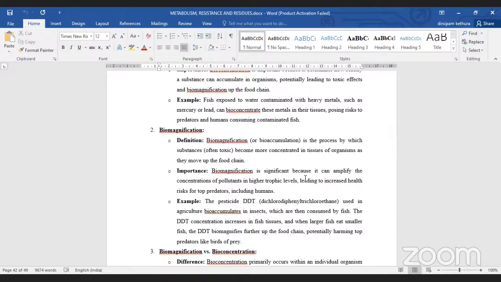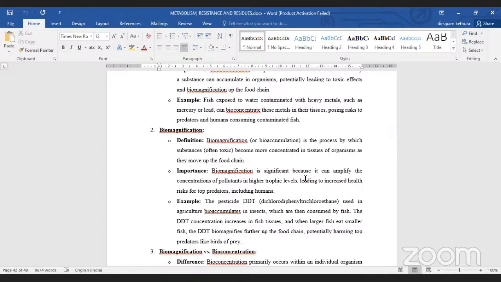And the sequestration results in the organism having a higher concentration of the substance than the concentration in the organism's surrounding environment. And the level to which a given substance can bioaccumulate depends on several factors like the rate of uptake of the substance and the mode of the uptake. Example, through the gills of a fish.